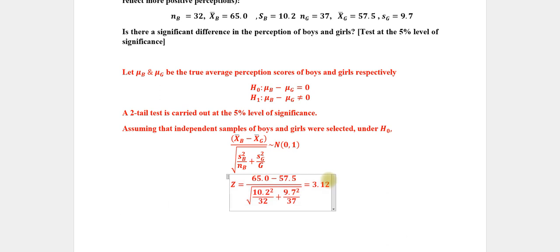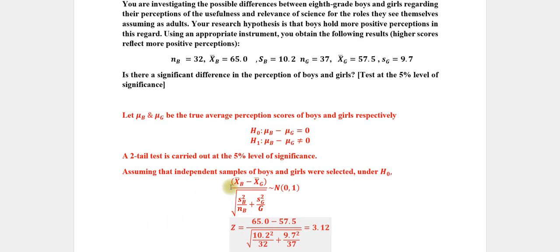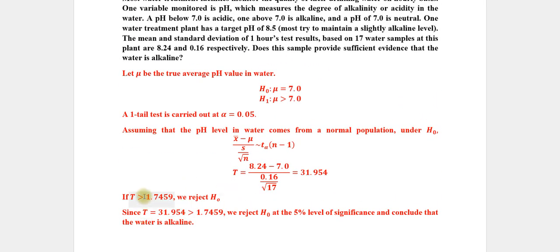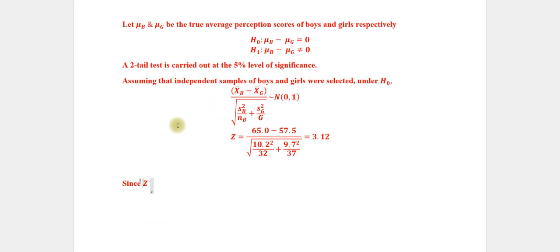So let's complete that. Since you don't need to put modulus now because you are dealing with only one tail. Excuse me, we are dealing with a two tail, so we'll still need to do modulus. Just one thing to confirm in the above: the one above was done correctly with a one tail test, but this one is a two tail test.